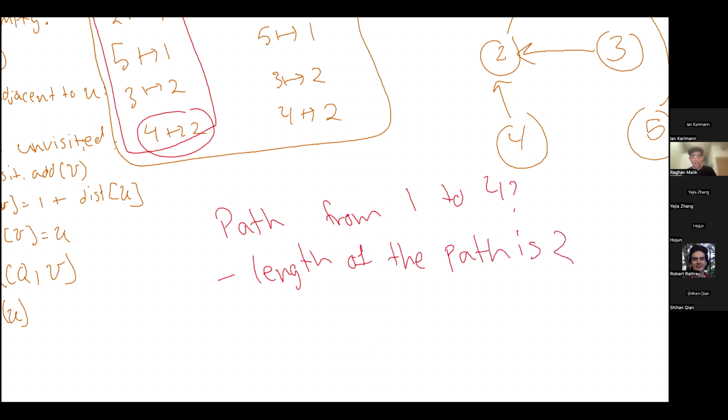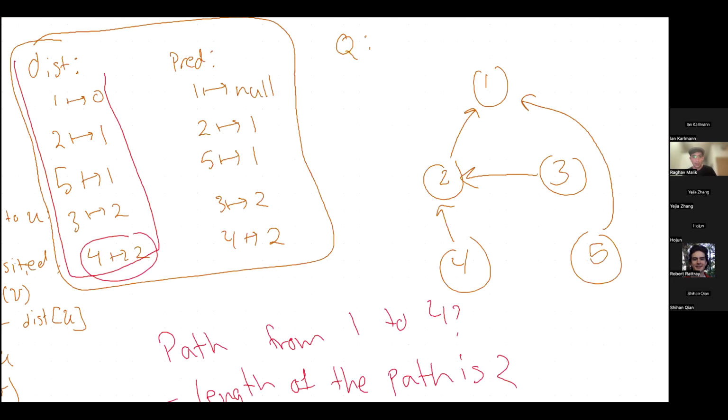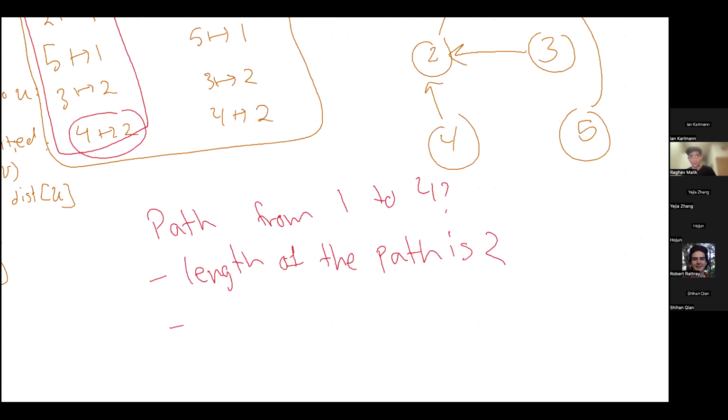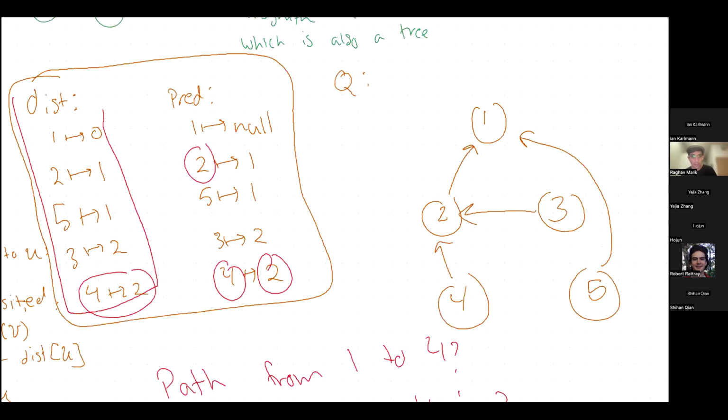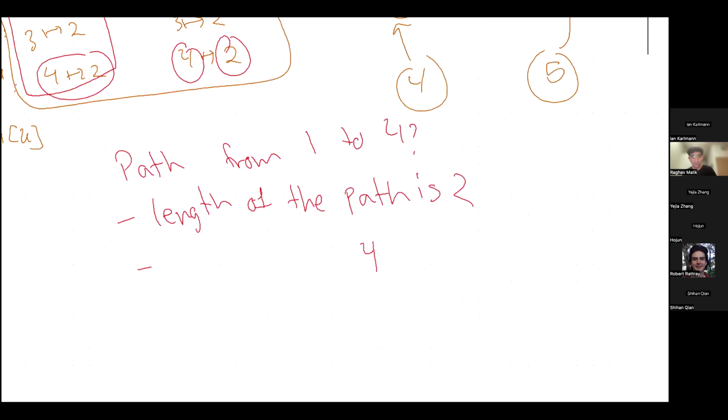Right? And then to actually figure out that path, I can say, okay, I start at 4. The step that I had to take before getting to 4 was looking at 2. So I can look up 2 in the table. The step I had to take before that was getting to 1. I can look up 1 in the table and I can say, okay, 1 was the source, right? So I can read off this path backwards: 4, then 2, then 1.